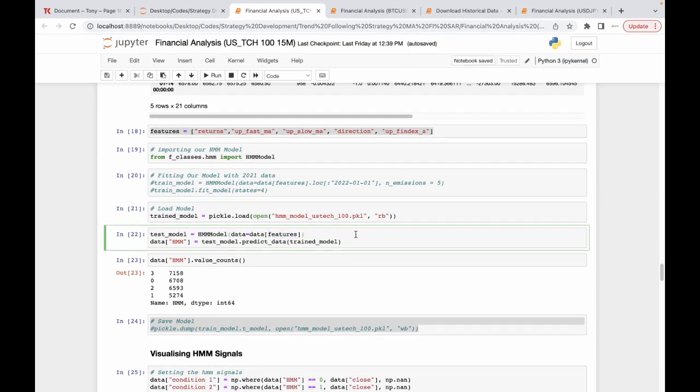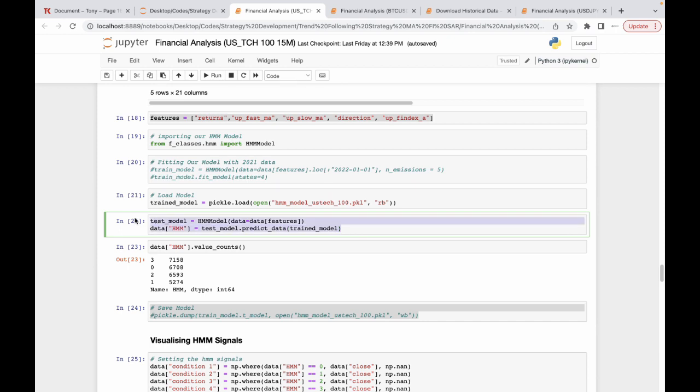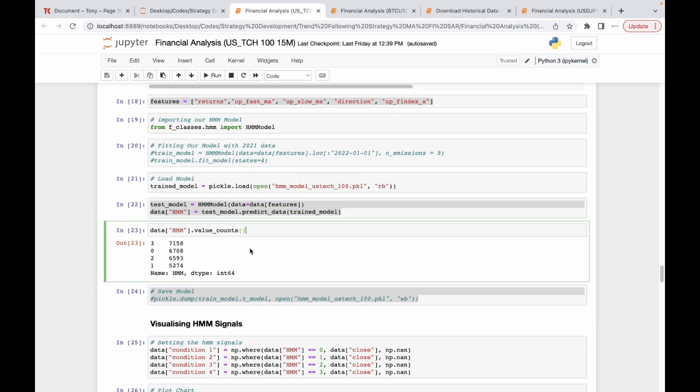Then we're asking it to predict. So when we look at this value counts of the HMM, you can now see the state 3 was 7158 times. The state 0 was 6,708 times. The state 2 was 6,593 times. The state 1 was 5,274 times.